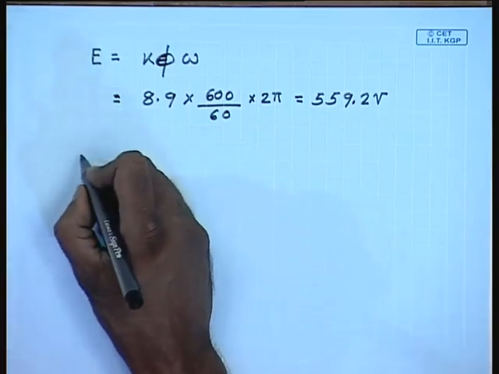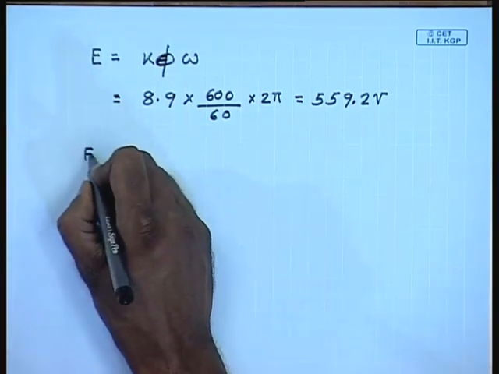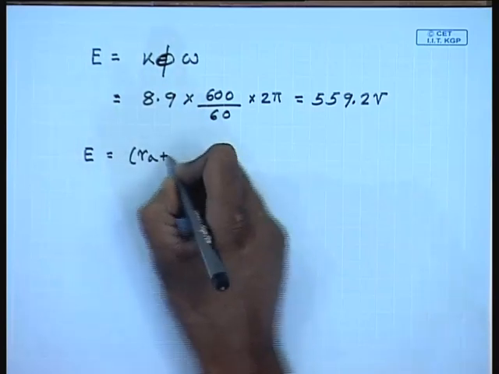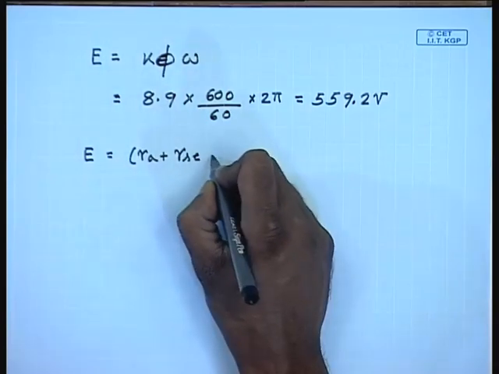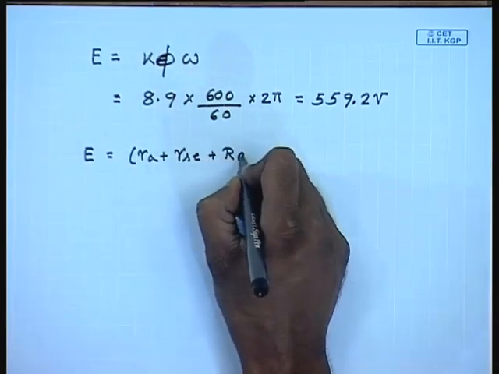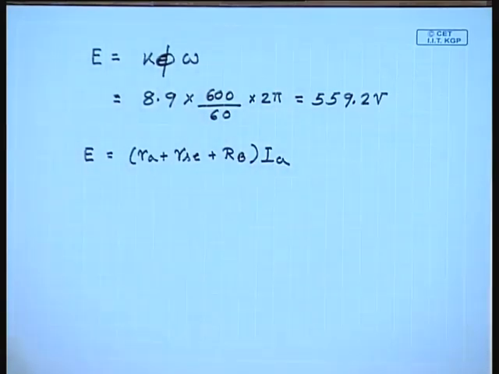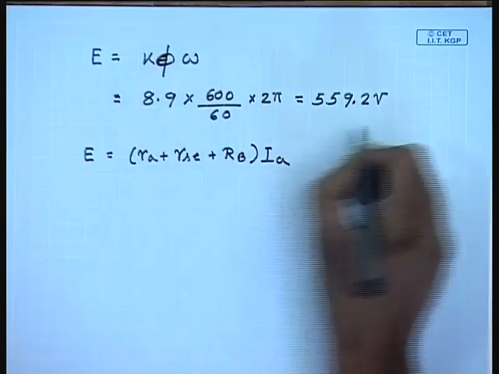But in dynamic braking, E equal to R a plus R a c plus R B into I A.